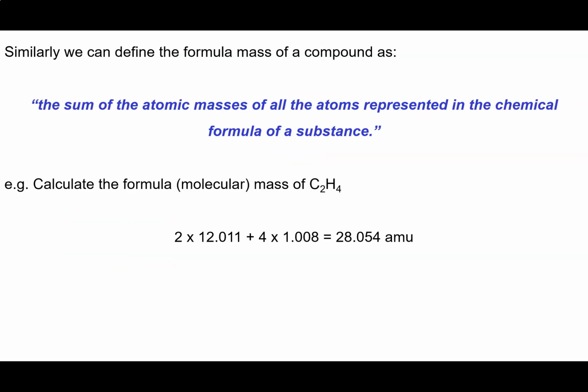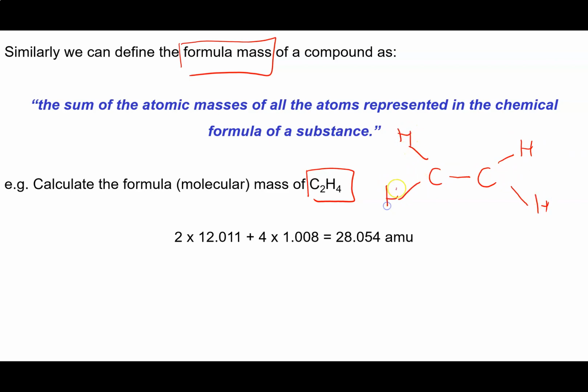We can define the formula mass of a compound as such. It's just the sum of the atomic masses of all of the atoms represented in the chemical formula of a substance. Now, it's important to recognize that when we write the chemical formula of a substance for a molecular compound, we never divide through the formula by the lowest common multiple, because that would give us the wrong formula for one molecule.